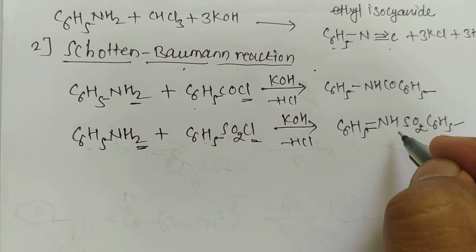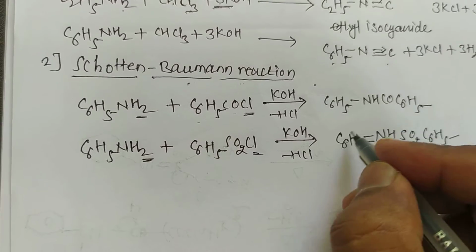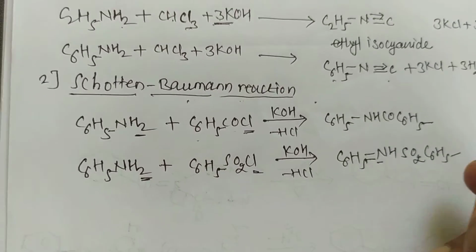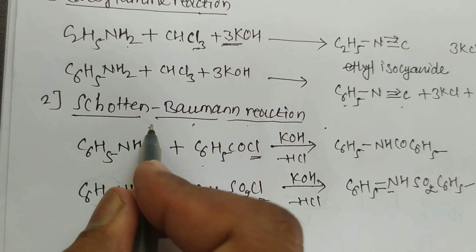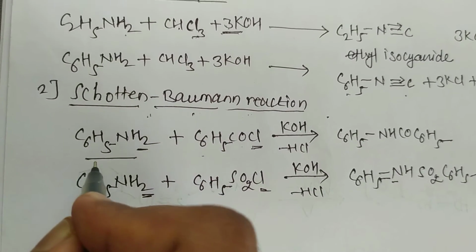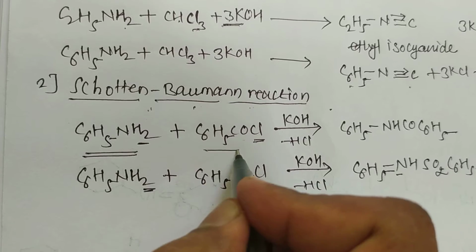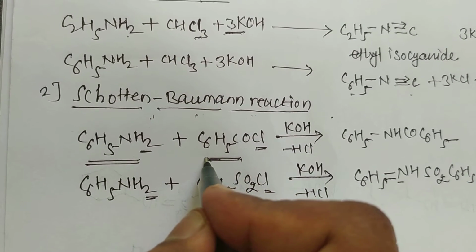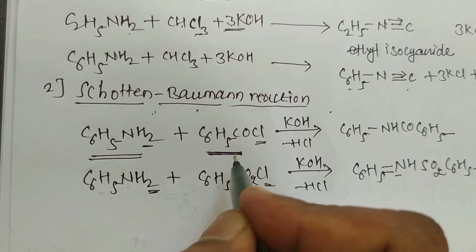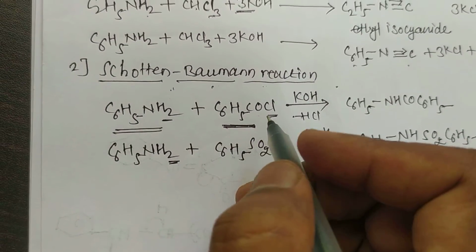This is known as N-phenyl sulfonamide. This reaction is only useful for aromatic amines or aromatic acid chlorides. Only acid chlorides are used, not aliphatic acid chlorides.